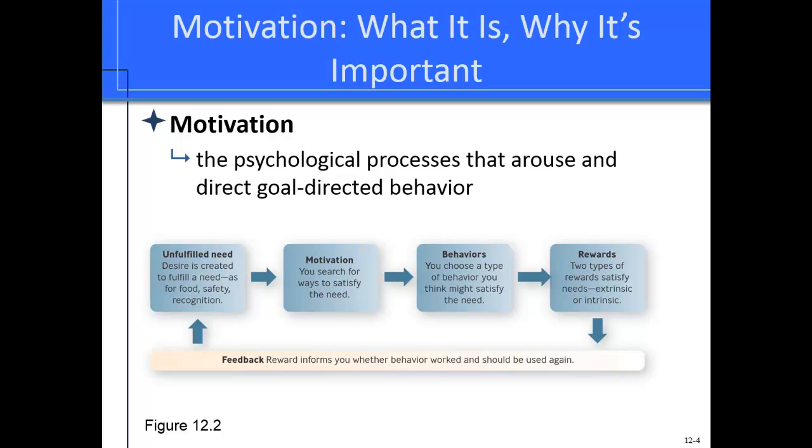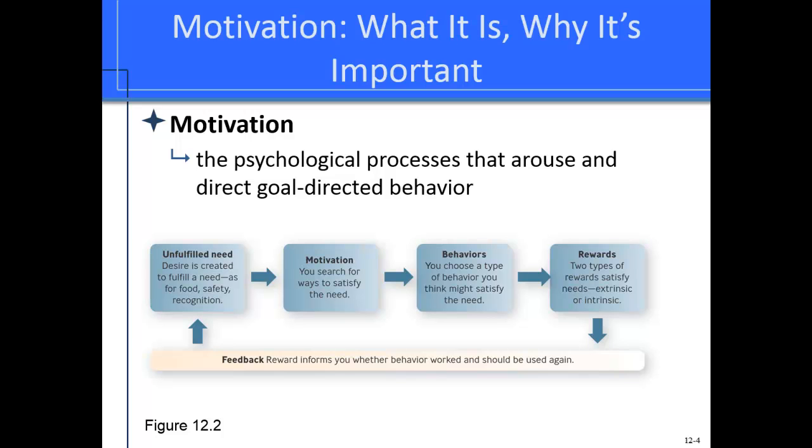Motivation can also be expressed in a simple model as seen in figure 12.2 here. People have certain needs that motivate them to perform specific behaviors. They receive rewards for those behaviors that feed back and satisfy the original need. And we can see that rewards are of 2 types.